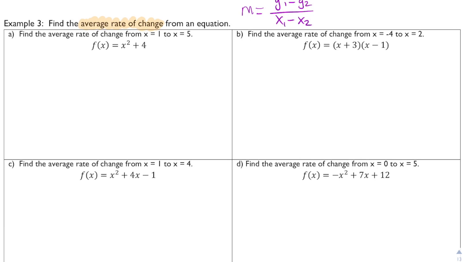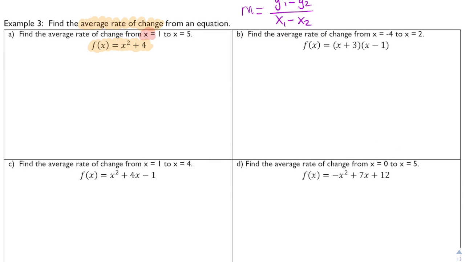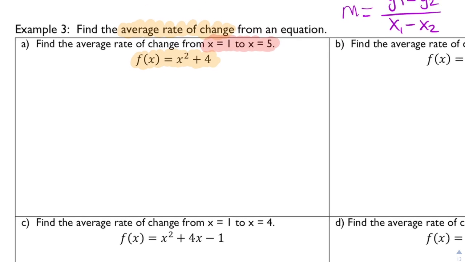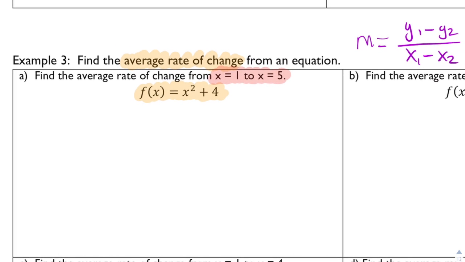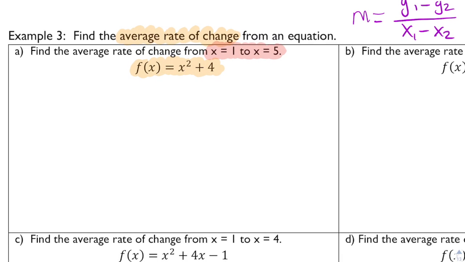Okay, so let's get started with A, and we have the equation f of x equals x squared plus 4, and then we have our interval, so we have x1 to x5. So I'm going to just blow this up a little bit bigger, and we're going to write it in interval notation first.